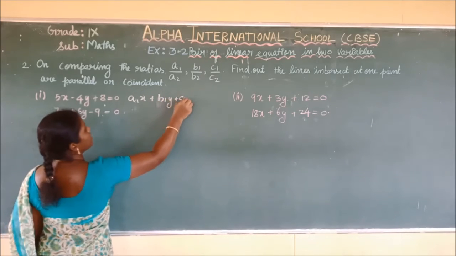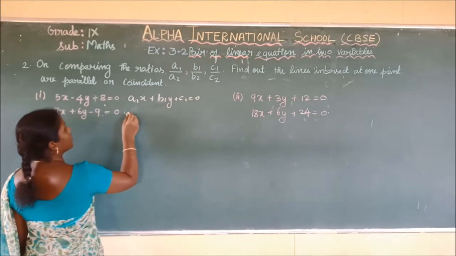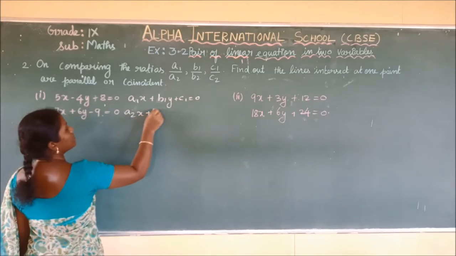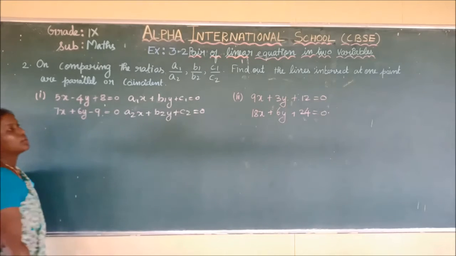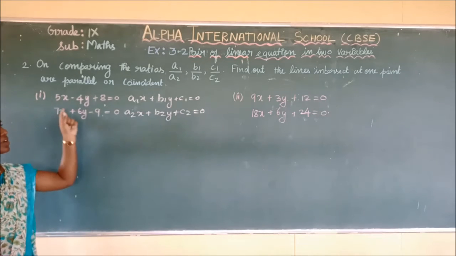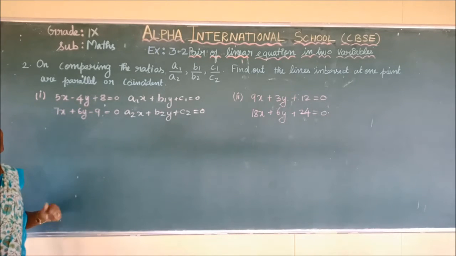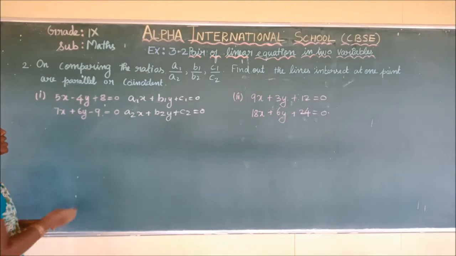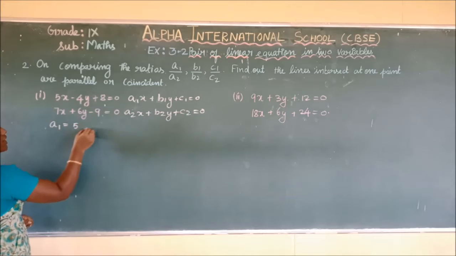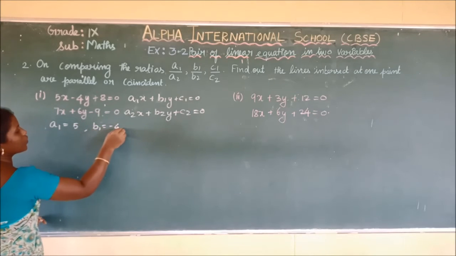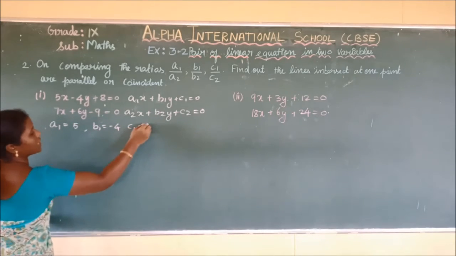The general equations are A1x plus B1y plus C1 is equal to 0, and likewise A2x plus B2y plus C2 is equal to 0. Just compare the given equations to the general equation and first analyze the coefficients. Here A1 is 5, B1 is -4 and C1 is 8.